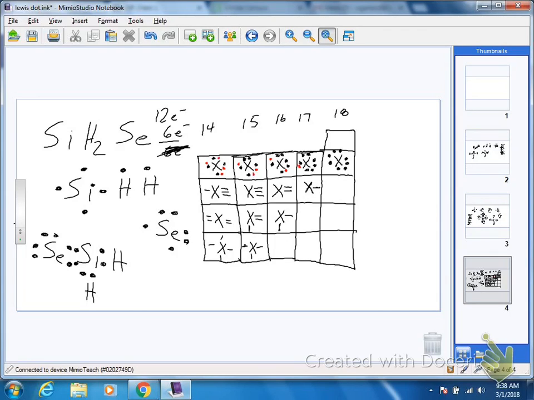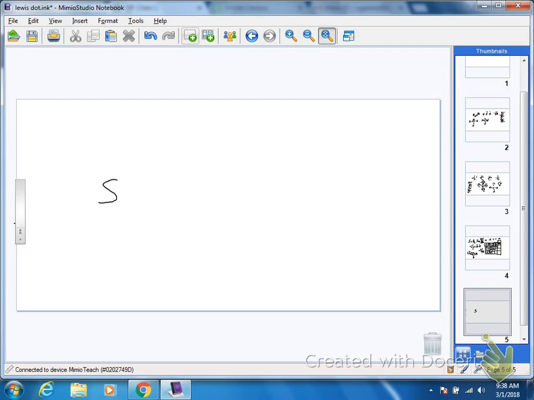Then I'll do this on another page, but you just go ahead and draw your line structure. It would be Si double bond Se, bond H, bond H. And your line structure should match up with your chart, just as a way to show that.